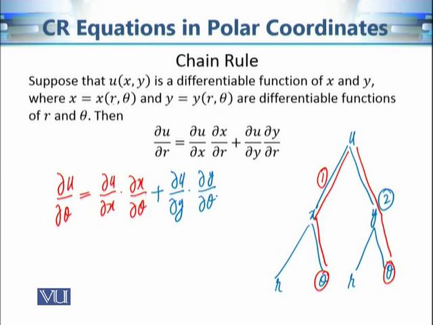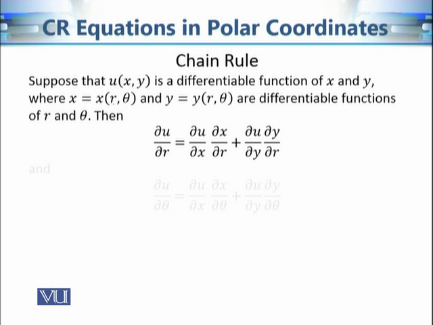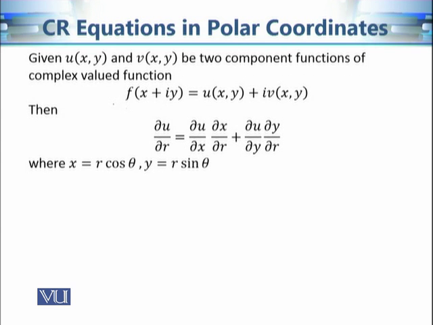So this is the chain rule when we are calculating the rate of change of u with respect to r and theta. Now we have the same situation over here. We want to calculate partial u by partial r, and in particular x is r cos theta and y is r sin theta. By using the chain rule, this is equal to partial u by partial x multiplied by partial x by partial r plus partial u by partial y multiplied with partial y by partial r.